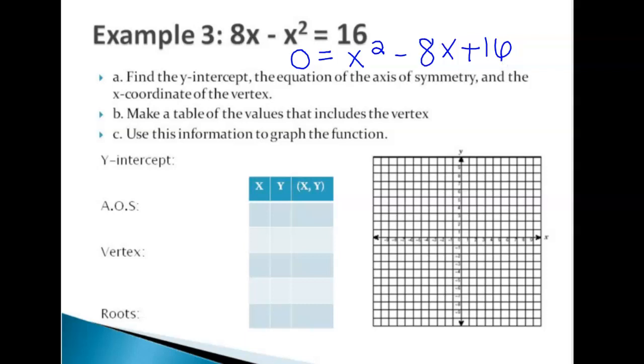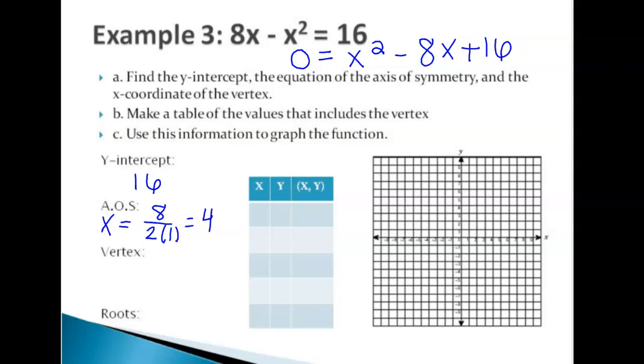So if we follow the rule that you want all the x squareds always on the right, then that's not an issue. The y-intercept is at 16. The axis of symmetry is positive 8 divided by 2 times 1, or 4. And then you take that 4 and plug it in. 4 squared is 16. 16 plus 16 is 32. 4 times 8 is 32, but it's negative.